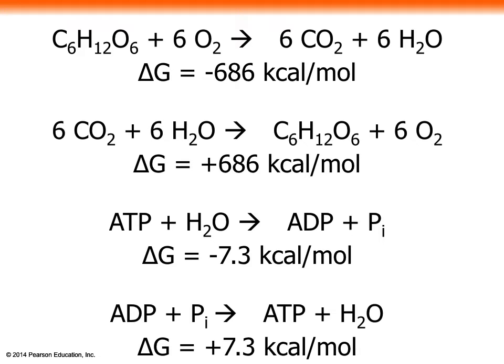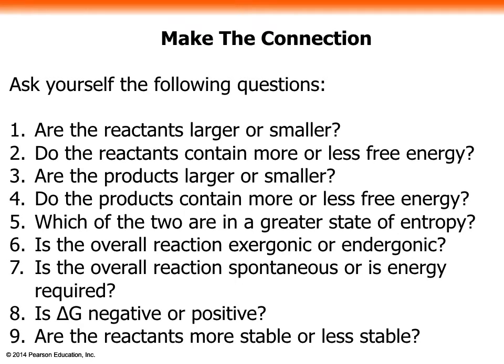The products: CO2 is a 3 atom molecule, and H2O is also a 3 atom molecule. So you've got 24, 2, 3, and 3. Which of those, the reactants or the products, are larger? Of course, the reactants are significantly larger, glucose. If we're starting with a large molecule and ending with smaller molecules, we're breaking it down. So are the reactants larger or smaller? In this case, the reactants are significantly larger.